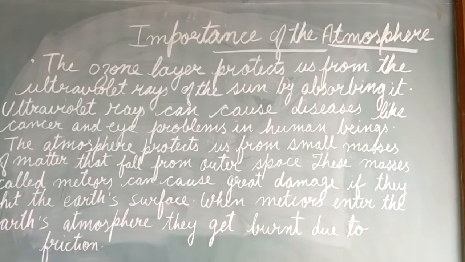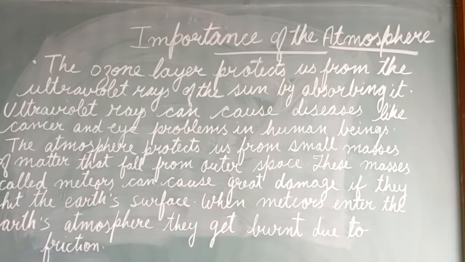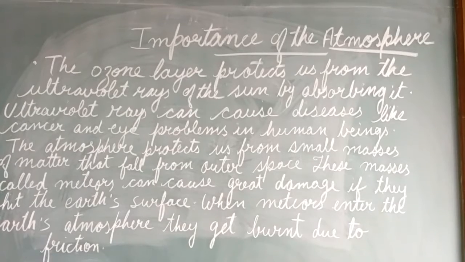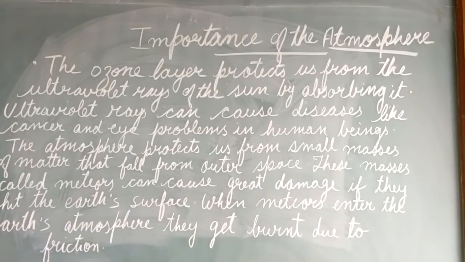In the atmosphere, you all know that several gases are there, and all living things need these gases. Oxygen is required for breathing, and carbon dioxide is required by green plants to make their food in the process of photosynthesis.